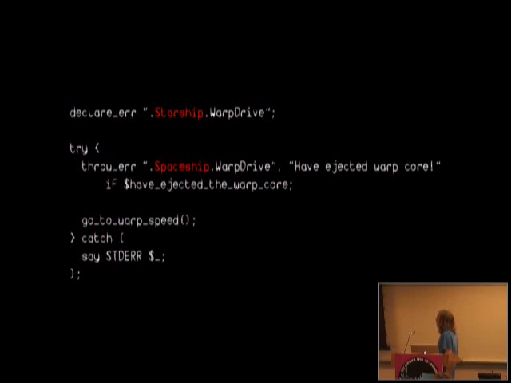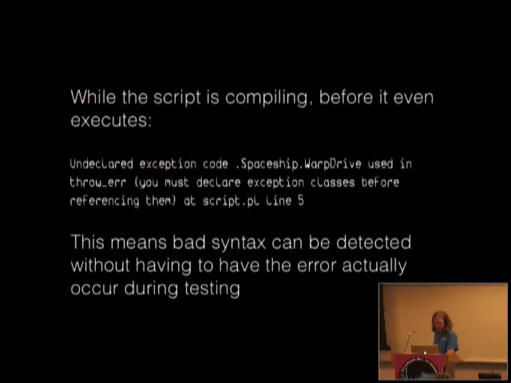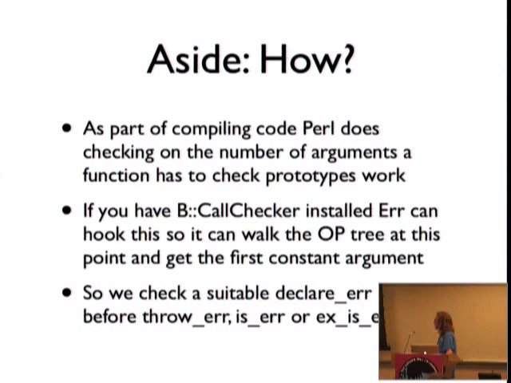When I attempt to compile this code, it immediately says, undeclared exception code spaceship warp drive used in throw. You must declare it first. So at compile time, it works out that you've used the wrong syntax. For the more advanced people in the room, what does that mean? Well, when you compile Perl code, there's a check phase where you check to see if the prototypes of the functions that you're using are correct.